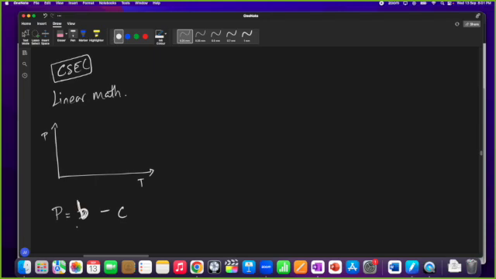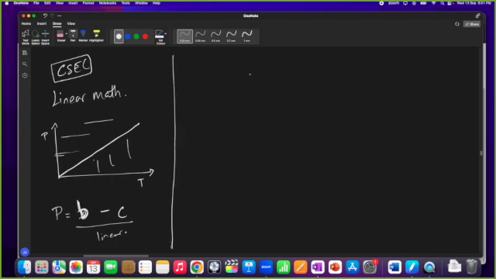This is a linear equation. If you plot this, your profit is going to come out looking like this, where the more that you sell, the more profit you make, everything nice and simple. So that is what CSEC maths is about.